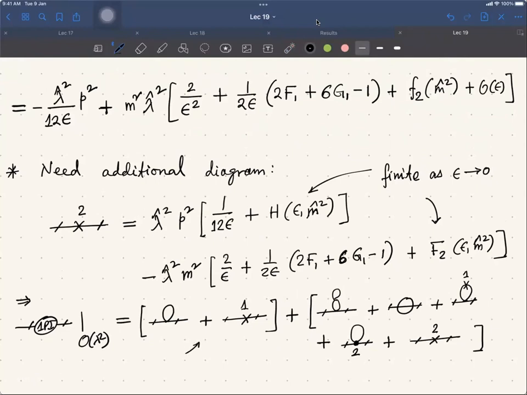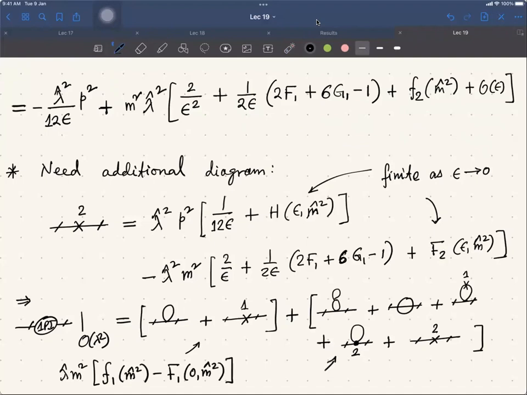This one is given by, as we have calculated, lambda hat m square times f1 of m hat square minus capital F1 of 0, m hat square.